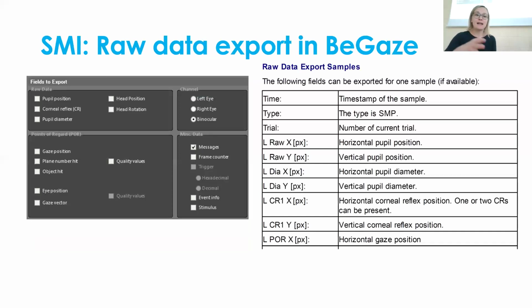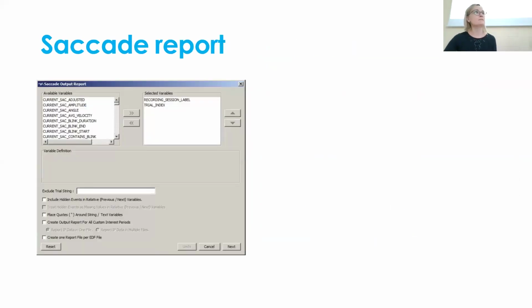And similarly in SMI. Does it take long to export the data? Yes, it depends on the trial. Excluding things outside your interest area could speed it up, with less data. But it does take several hours.